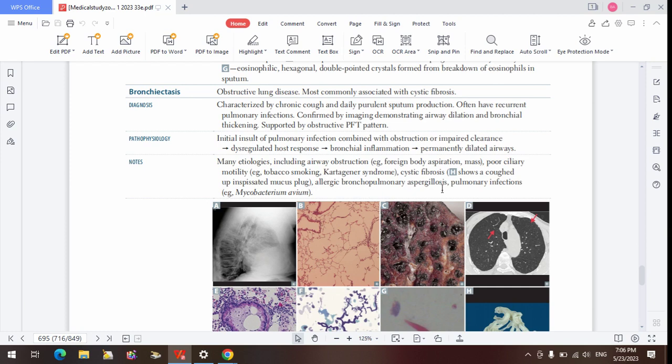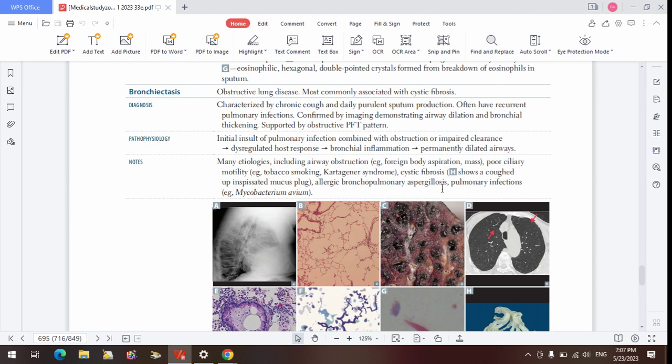So you notice that this person has fever with sputum production and is not responsive to antibiotics. That person most likely has allergic bronchopulmonary aspergillosis. So people with bronchiectasis too can have all those things: foul-smelling sputum, fever, cough, and recurrent pulmonary infection.